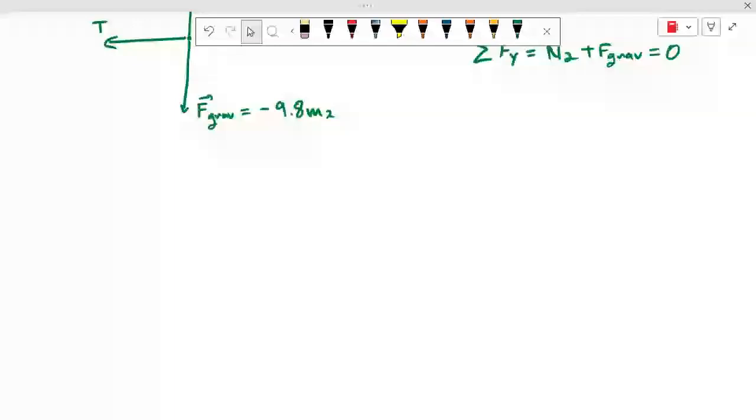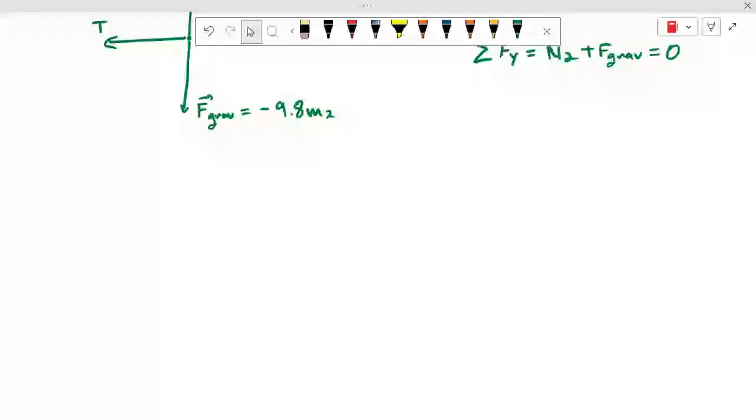This is the only force acting on mass 1. Oh, that's an answer to someone else's question, okay. One second. Okay.